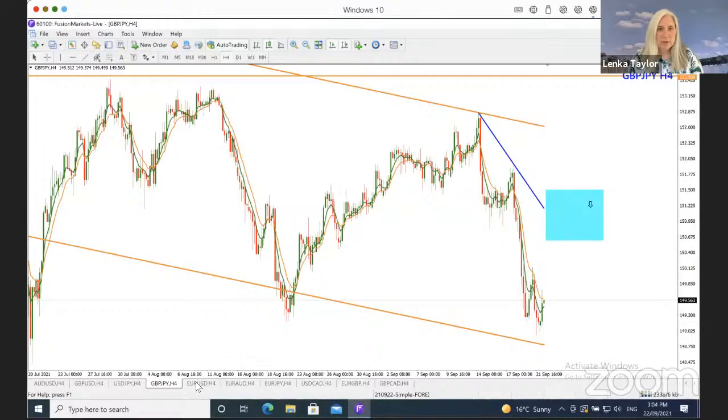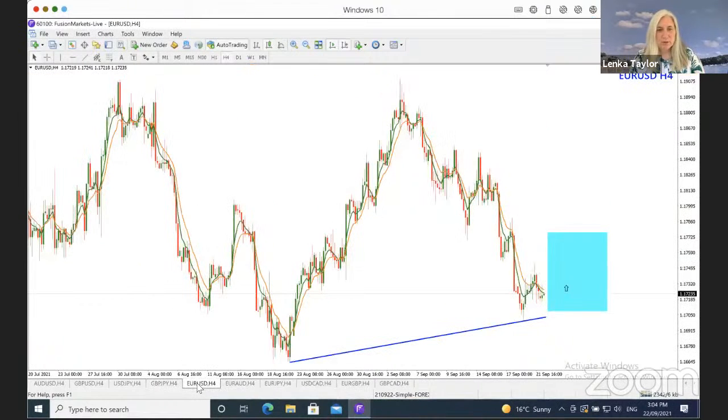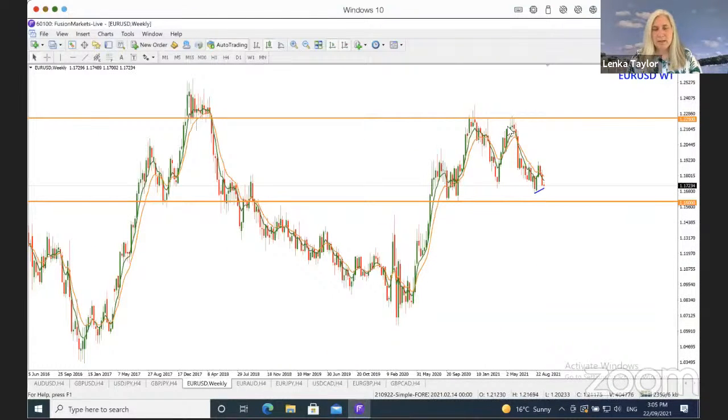Next currency pair I'm going to look at is Euro USD. With Euro USD, the price action has been going down, but I'm looking at this in terms of a bit of a ranging market in between these two horizontal lines. So I'm actually looking for a reversal around the bottom to go long.